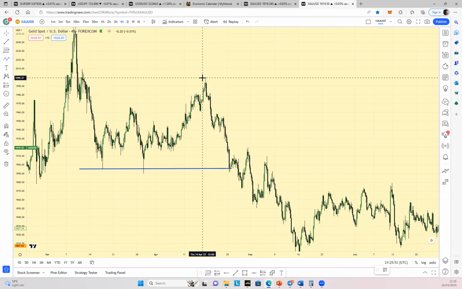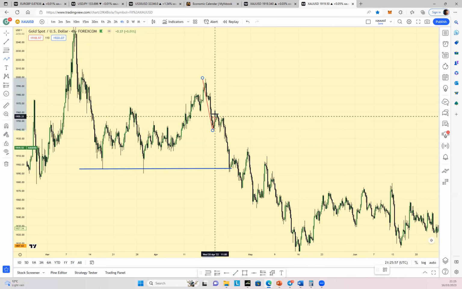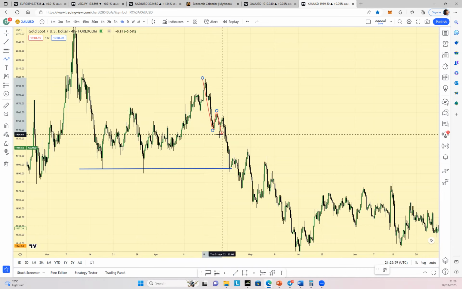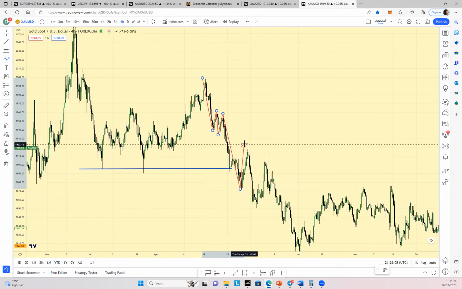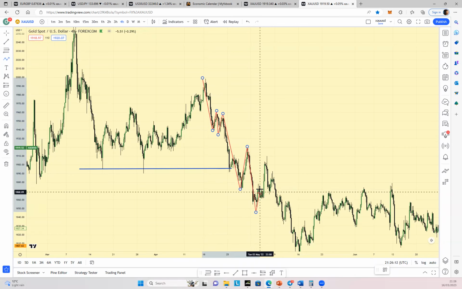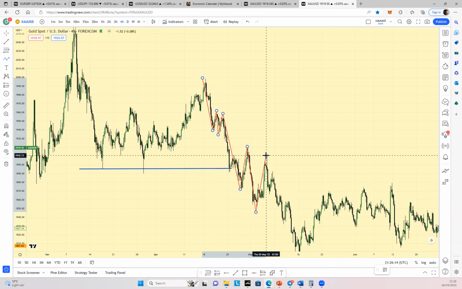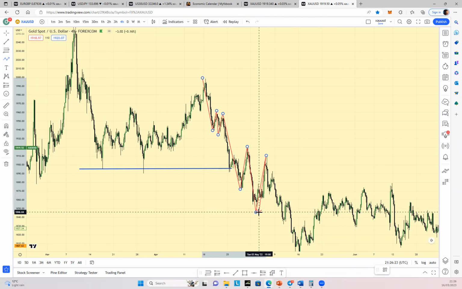This is what price is doing, and then it will come down. Back up. I'm not taking this as the next lower low because it did not break this previous structure.